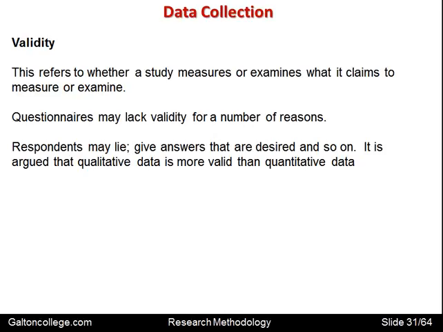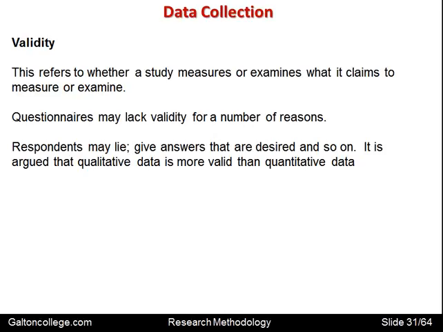Validity in surveys is very important. The validity indicates that the survey is measuring what it claims to have measured. It examines what it claims to have measured. So there are obstacles in collecting data. Respondents may tell lies or may mislead or may not know and give a false answer.